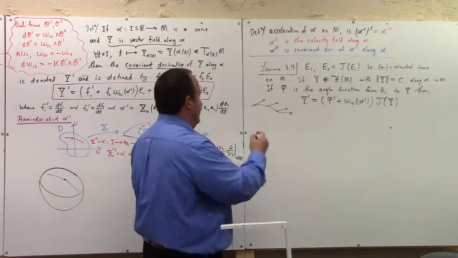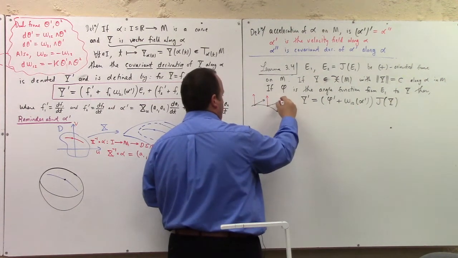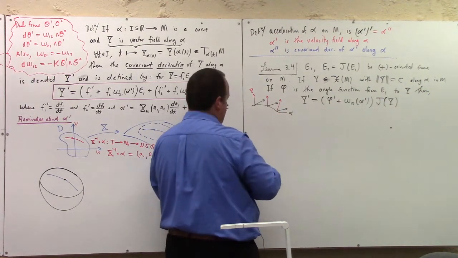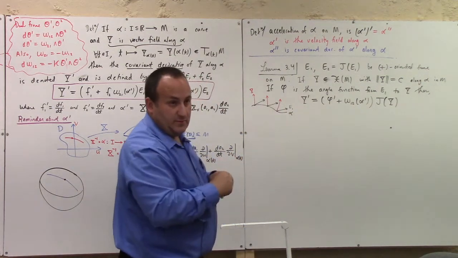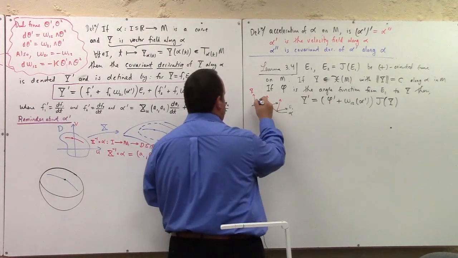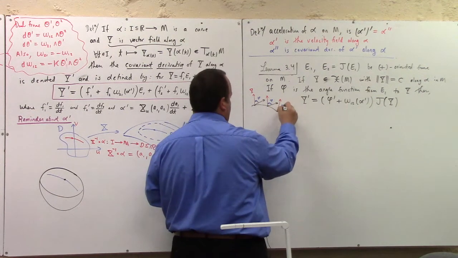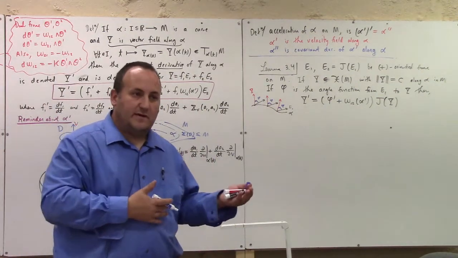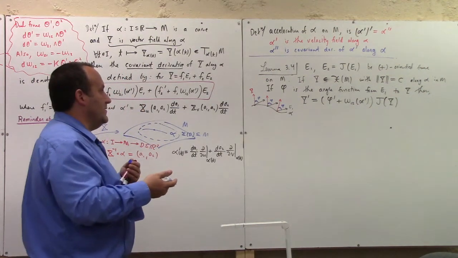But you also have Y. And so to get from E1 to Y, there's some angle that you sweep. We're calling that phi, the angle function. The fact that there exists such an angle should be clear from the fact that we're working in 2 dimensions, and we have the frame E1 to work with.